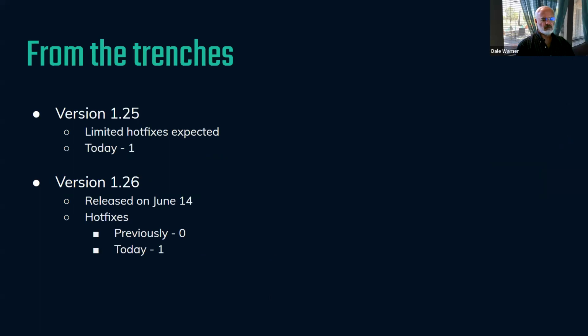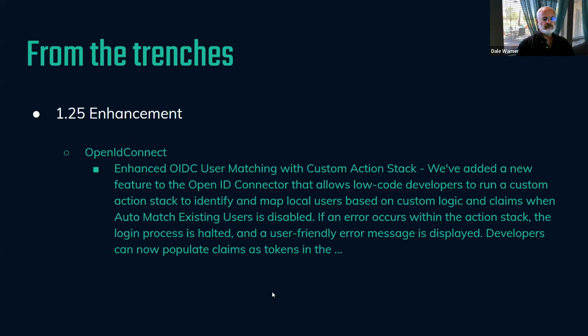There might be a few that come through, but we won't do a whole lot of new releases unless it's important, or if we're just finishing up some things that were already in progress against 125. So today we have one, and then since we just released it a week ago, we have a hotfix that's coming out for 126 as well. So we'll look at those two right now.